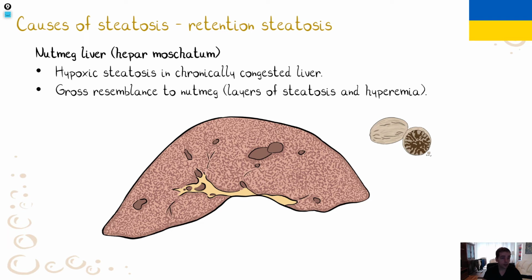How does it look like in liver? We shouldn't forget that in liver there is something called liver lobule. And liver lobule has a hexagonal shape. At the periphery there are portal tracts, and in the middle there is a central vein, and the blood flows from the portal spaces to the central vein.